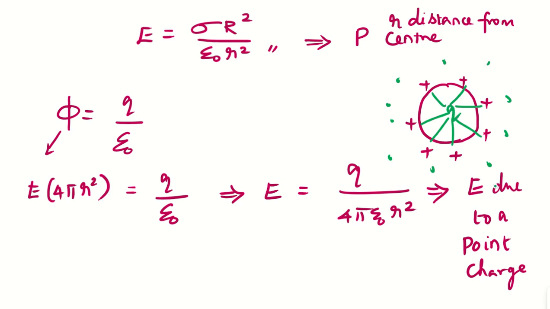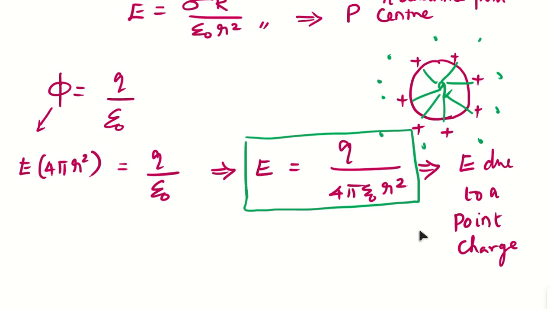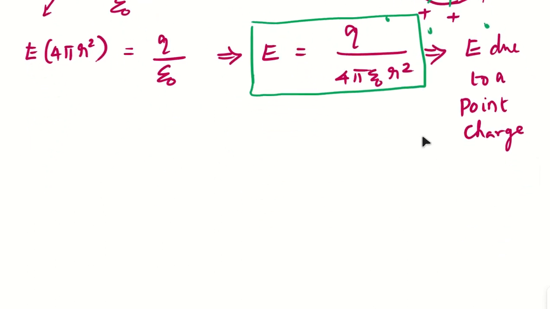That's why we are getting a similar electric field as due to a point charge. So this is the electric field due to a point charge kept at the center of the shell.